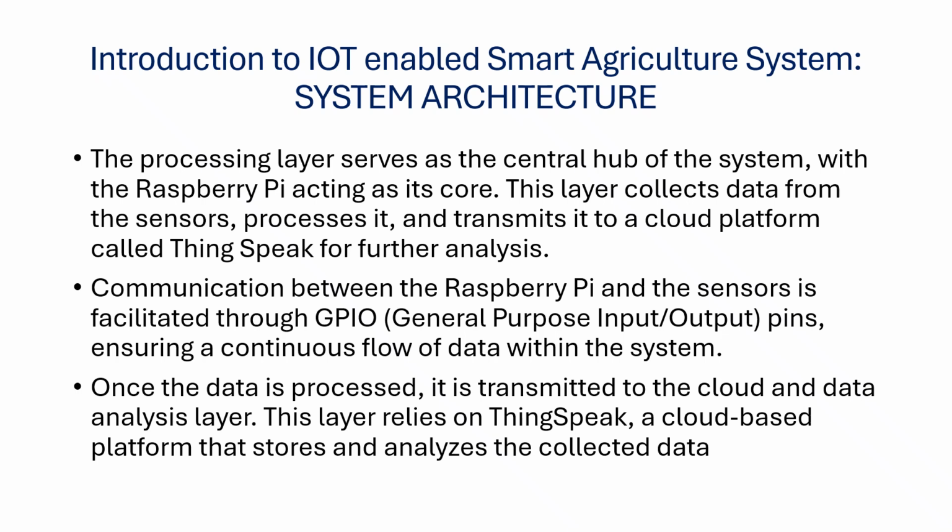At the cloud platform we can see the data in the form of graphs, and some other formats such as histograms are also given. Also, we have access to a mobile phone application where we can access the real-time data of weather patterns. Clear? So this is the explanation of the smart agriculture system architecture.